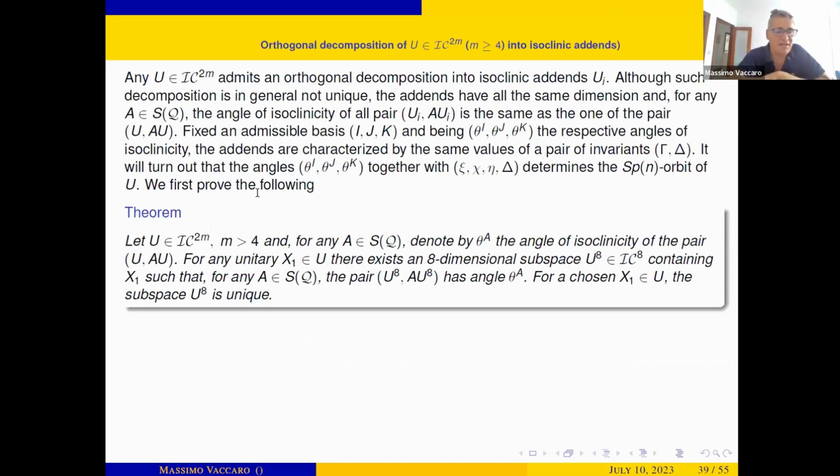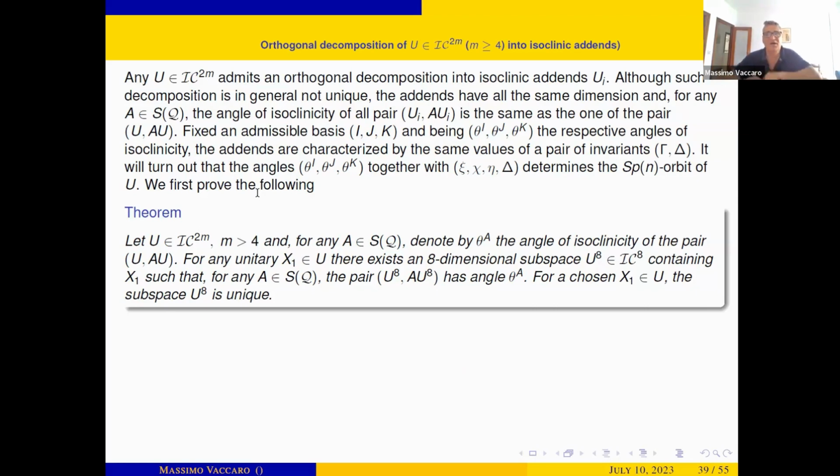So if I say that any subspace of dimension greater than 8, in each of these subspaces, for every x1 I choose inside, there is an 8-dimensional subspace U8 containing x1, such that the pair U8, AU8 has angle theta A, which is isoclinic.